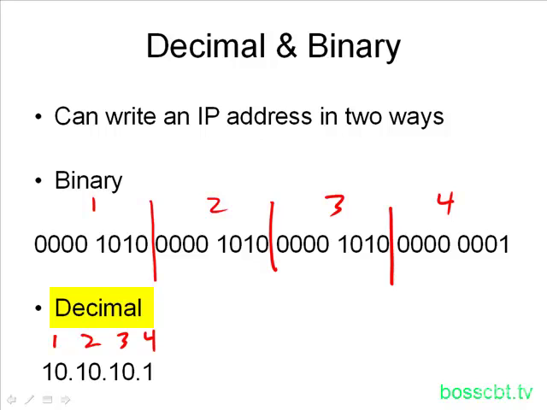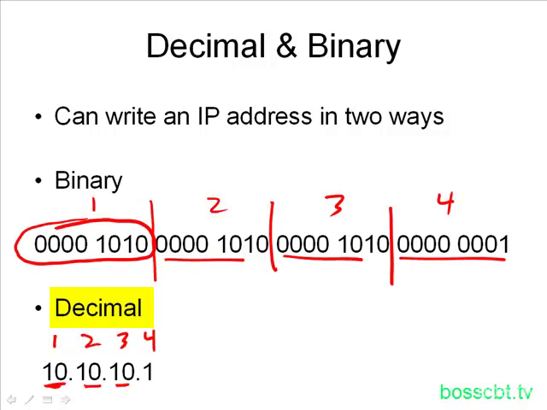Now, in binary, if we were to take these 8 bits, which is 1 byte, our first octet, well, they represent a value. That value is the number 10. Now, octets 2 and 3, coincidentally, in this example, are the same, so they also represent 10. Finally, our 4th octet, the number is 1, and it's represented down here.